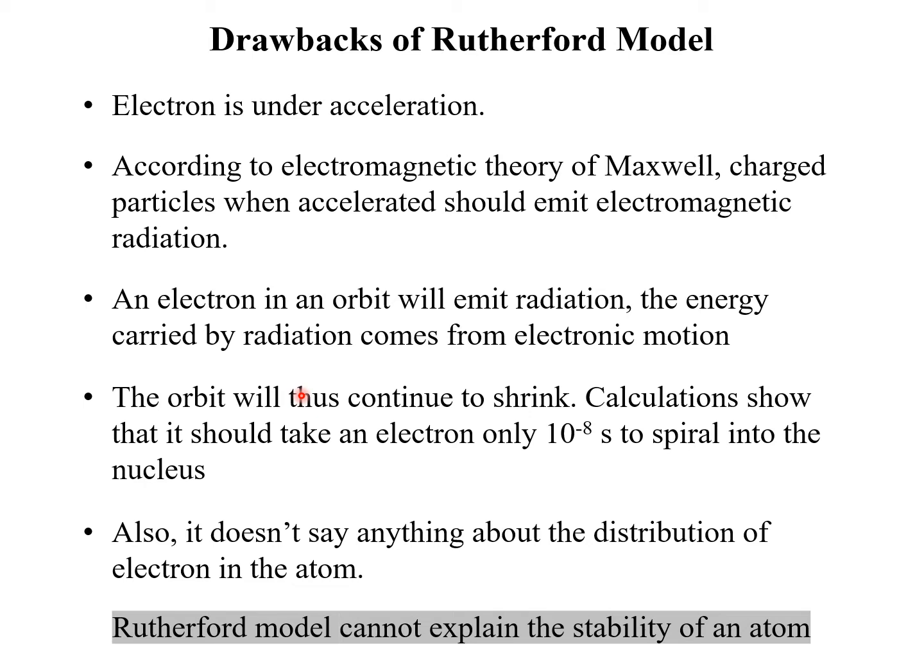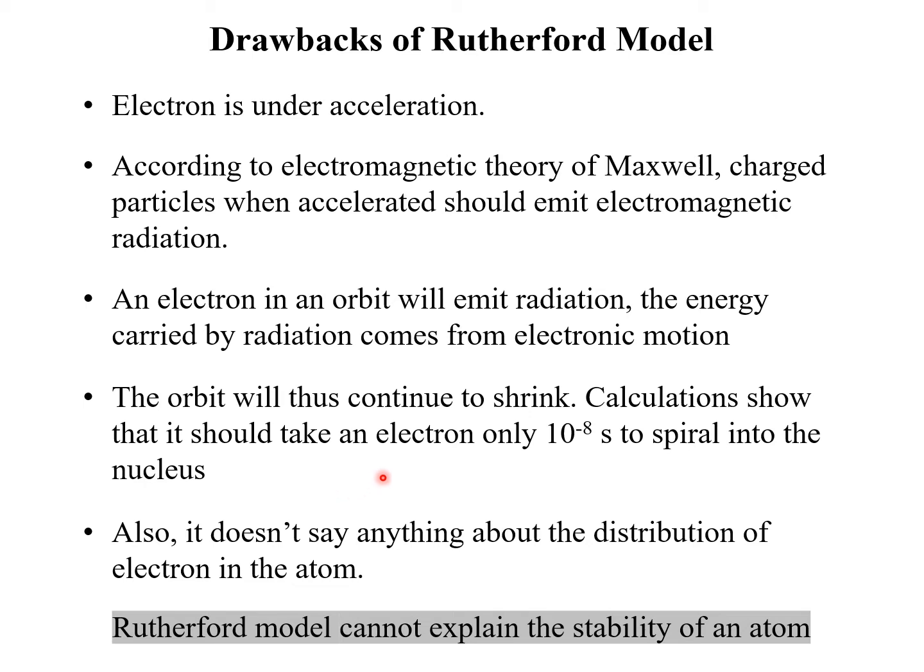So the orbit will thus continue to shrink with time, and according to the calculations, it will take an electron only 10 to the power of minus 8 seconds to spiral into the nucleus, and hence the atom would collapse. But atoms don't collapse in that way, right? Atoms are basically stable entities.